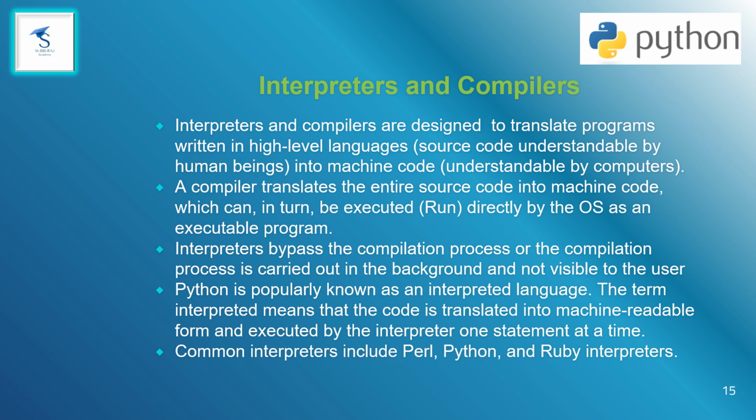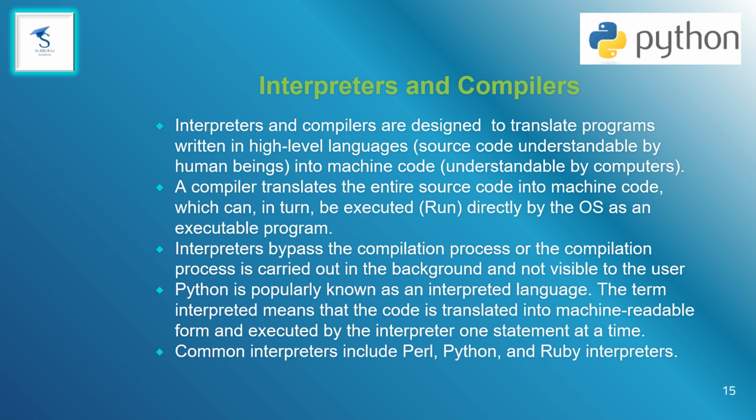Now we are going to another interesting discussion on interpreters and compilers. As I told you, both are useful for converting source code to machine language. They are both designed to translate programs written in a high-level language to machine code or low-level language.